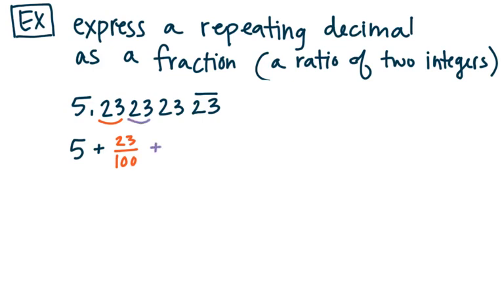So the second two, we would say plus, we've got tenths, hundredths, thousandths, 10,000ths. So 23 over 10,000.